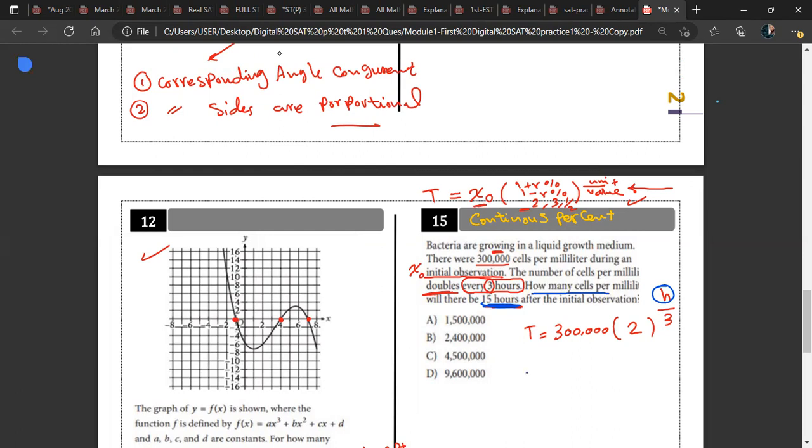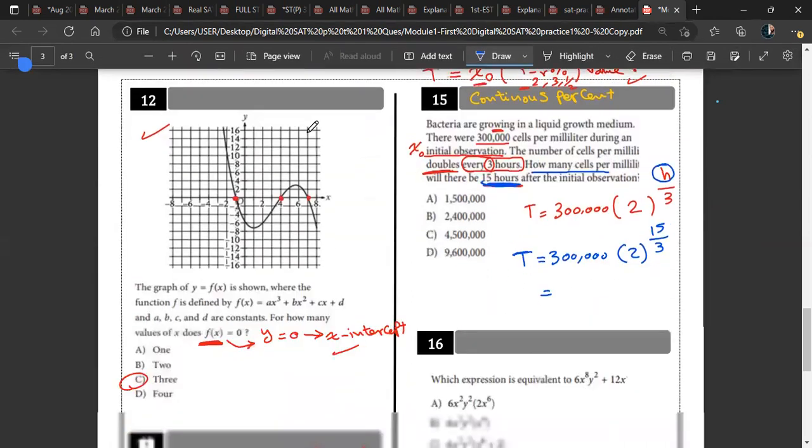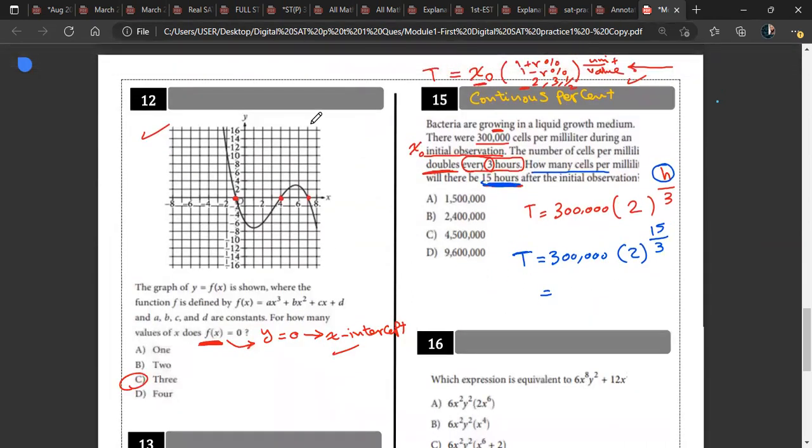So you will write T equals 300,000 multiply 2 power 15 over 3, or power 5 in general, and find the answer using the calculator. Any question, guys, for this question? The answer will be 9,600,000 cells. D.